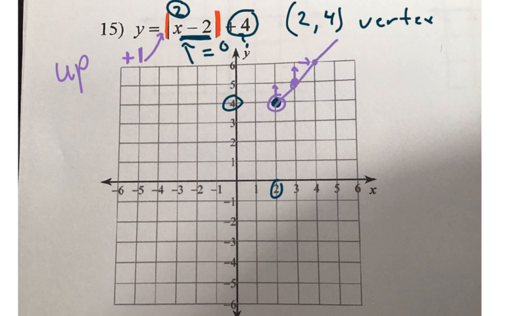There's the right side of my graph. Now I start over at the vertex, go up 1, over to the left 1, up 1, over to the left 1, and there is the left side of my graph. This V shape, guys, is your absolute value graph.